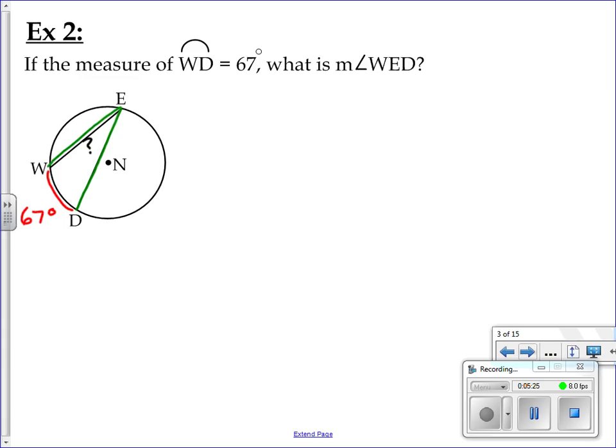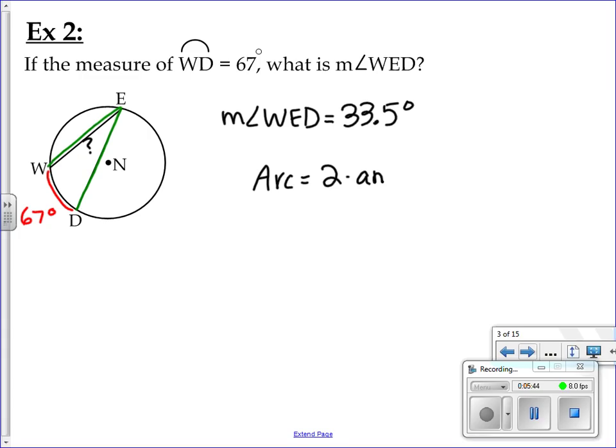So if we're working backwards, instead of doubling the amount, we are actually going to take half of the amount. So the measure of WED will equal 33.5 degrees. Again, if you're using that equation, plug in what you know. Okay, my arc is 67. I don't know my angle, if you want, you can call it S. But I'm going to take the same exact steps and just divide by 2.